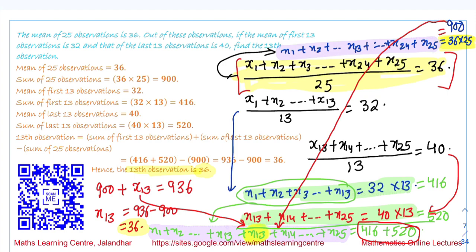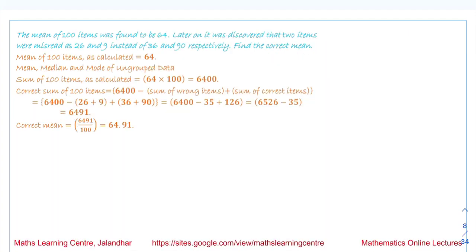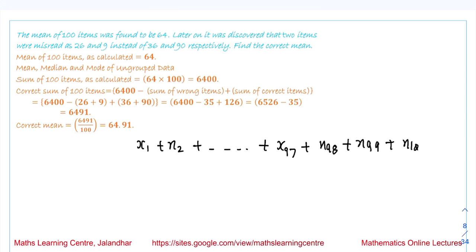Next, the mean of 100 items was found to be 64. Later on it was discovered that 2 items were misread as 36 and 90 instead of 26 and 9. Now we have to find the corrected mean. So 100 items means x1 plus x2 and so on up to x97 plus x98 plus x99 plus x100, divided by 100.